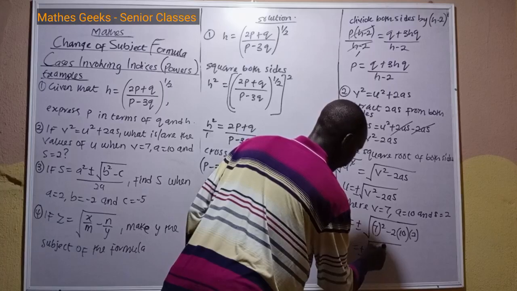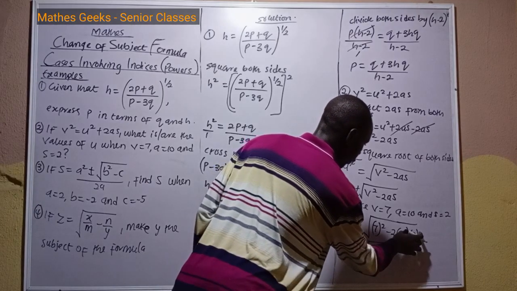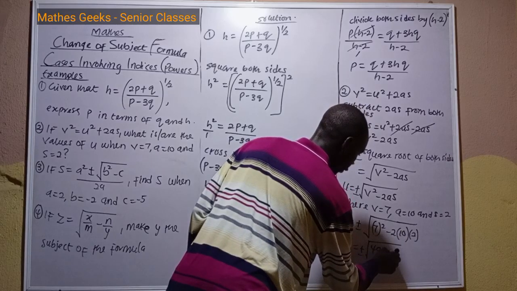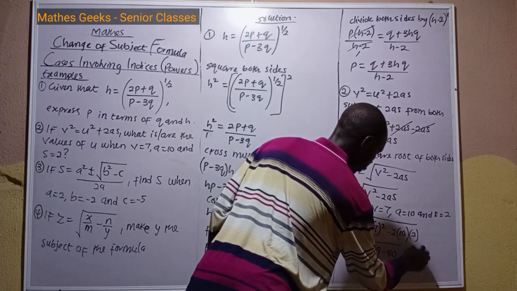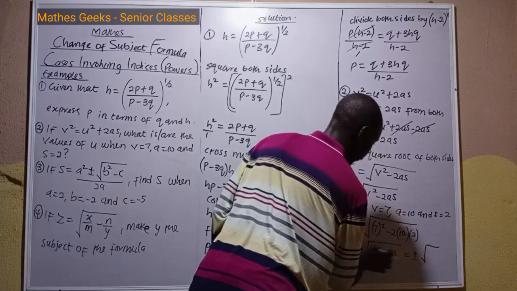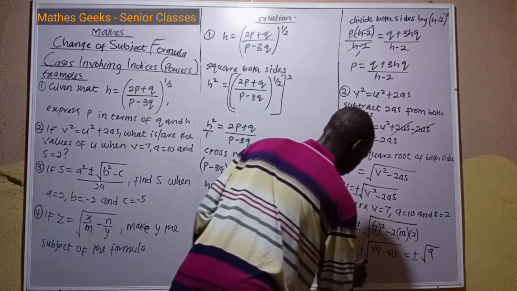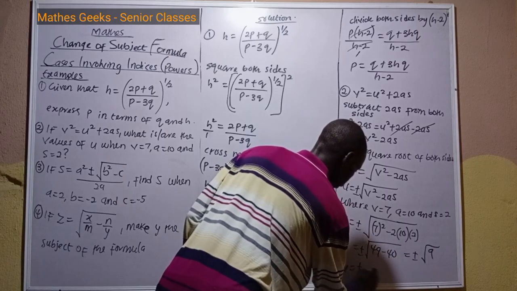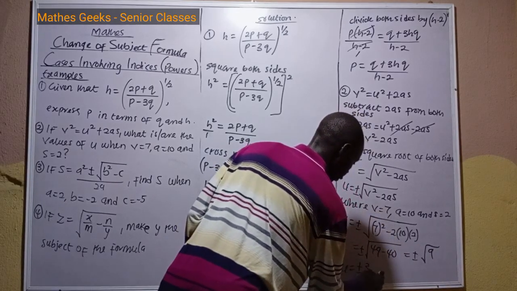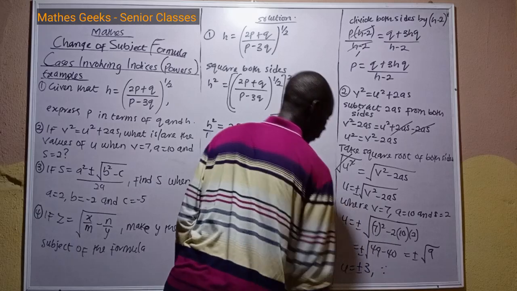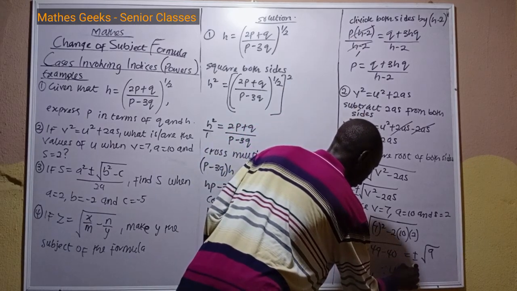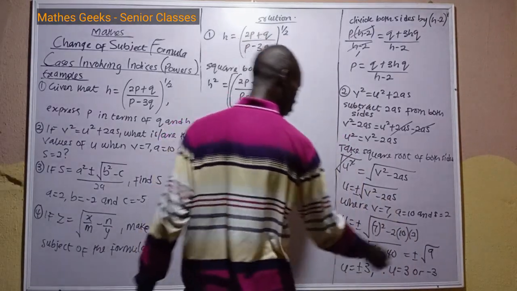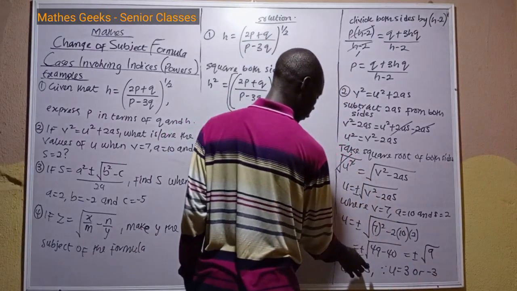Plus or minus the square root of 49 minus 10 times 2, 20 times 2 gives us 40. So this equals plus or minus the square root of 49 minus 40, which is 9. So u is equal to plus or minus the square root of 9, which is 3. Therefore, u is equal to 3 or minus 3, which is the meaning of plus or minus 3.